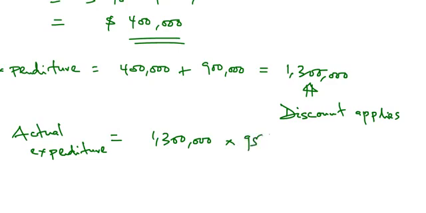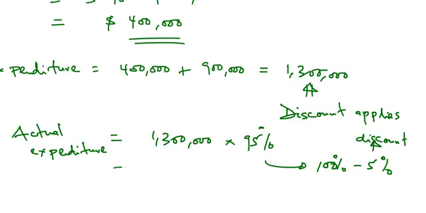That means the new expenditure is 95%. How did I get 95%? It's 100% minus 5%, which is your discount. And please check that this figure is accurate.